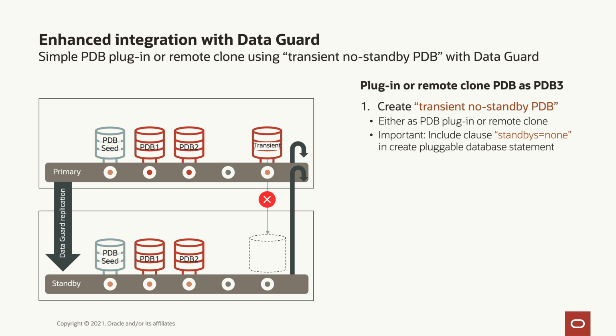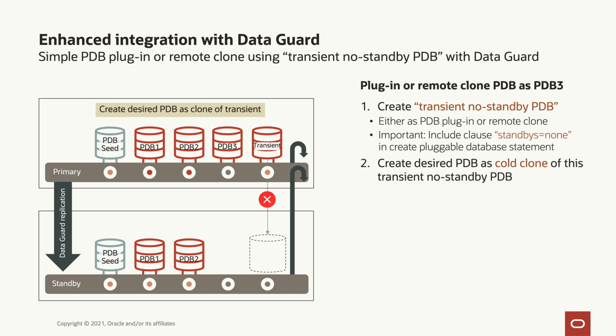The result of this is that on the standby, the transient PDB will be visible in mounted state, but its data files will show as offline. Next, we create the desired PDB, PDB3, as a local cold clone of the transient no standbys PDB.